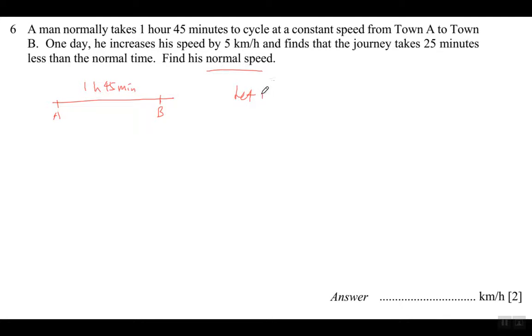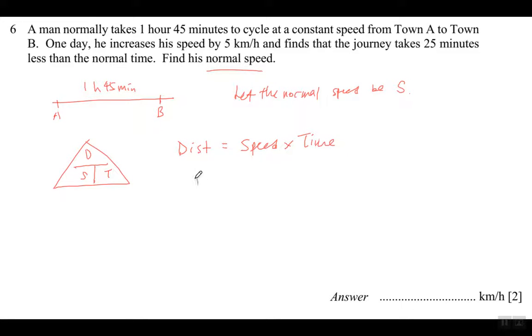So the normal speed, let it be S. We draw the triangle DST. Distance we do not know, but distance equals speed times time.